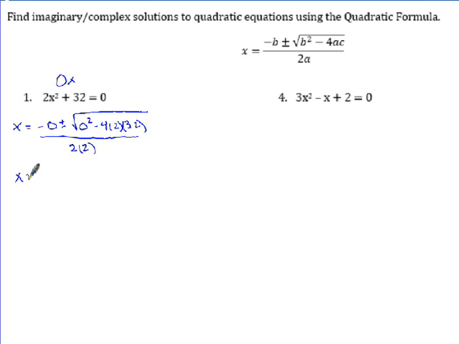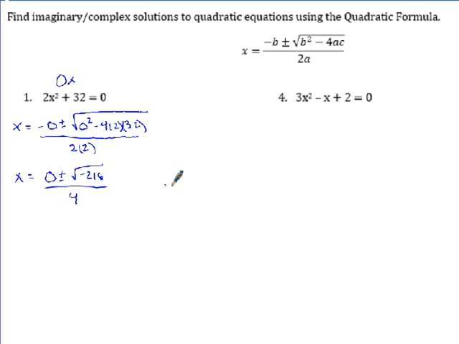Again, the part under the square root is what we're going to do all at once. So in my calculator all together, I put 0 squared minus 4 times 2 times 32. I'm not going to keep writing negative 0 because negative 0 is just 0. So 0 plus or minus the square root of negative 256 all over 4.